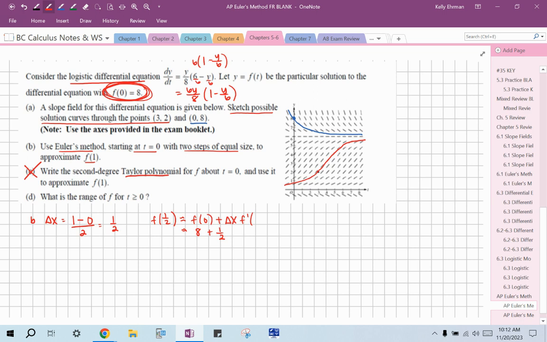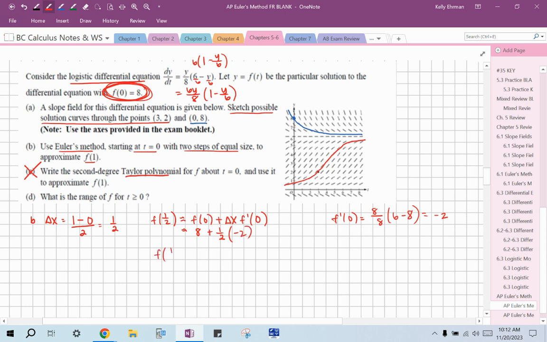It's f prime of 0. So we've got to plug in 0, 8 in here. So we've got 8 for y, so f prime of 0. Say you plug it into the original. 8 over 8 times 6 minus 8. That's 1 times -2.